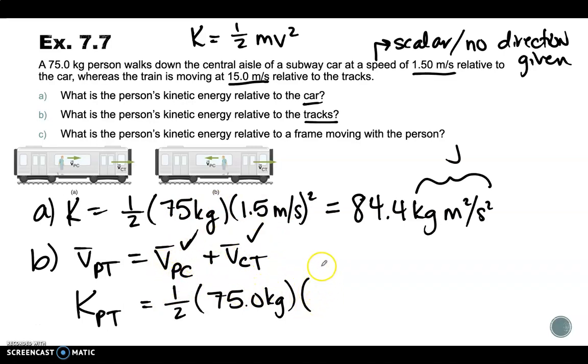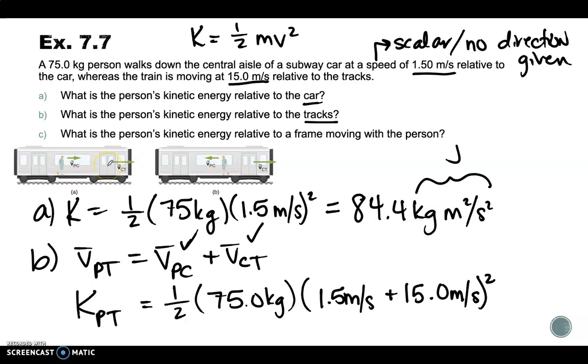Okay, so this would be 1.5 meters per second plus 15 meters per second, and that whole thing squared. And again, we don't know the direction, so in this diagram you can see he's either going in the positive direction or the negative direction.